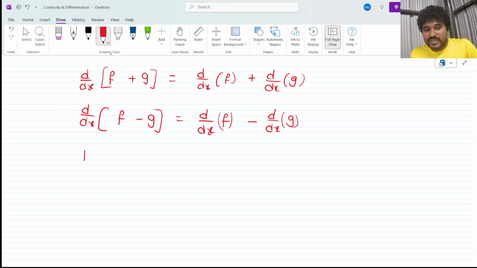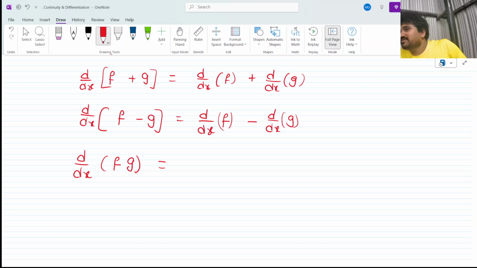Suppose d by dx of one function multiplied with another function. We will represent it in a different way. I don't want to write f and g.